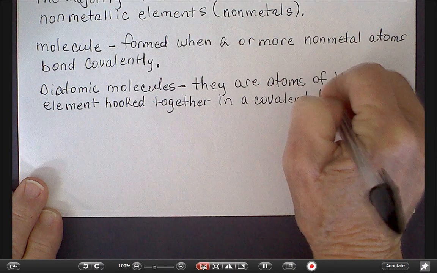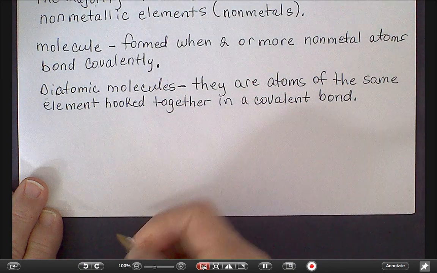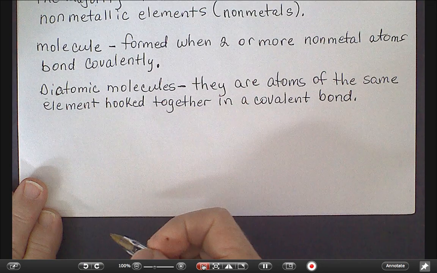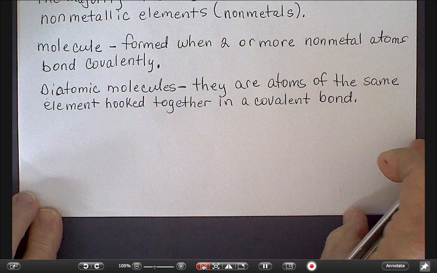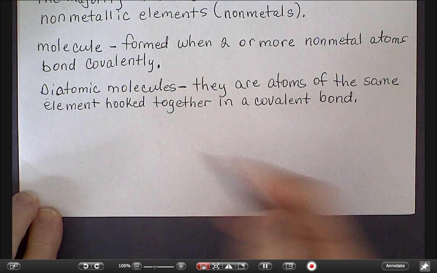Now then, these are only very specific ones. Not all covalent compounds are called diatomic molecules. They're only very specific ones.